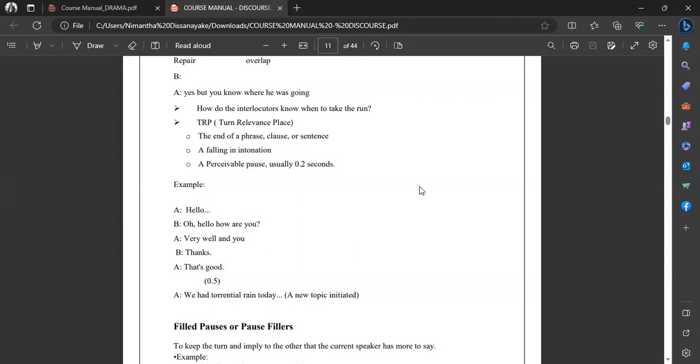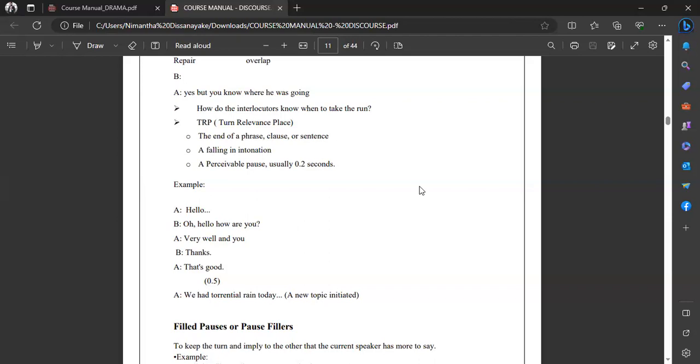So we may get a kind of overlapping as well as interruptions in a conversation. Not only turn taking, there can be overlaps and interruptions also, right?